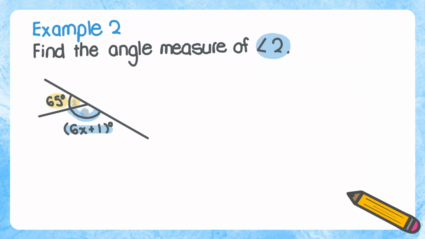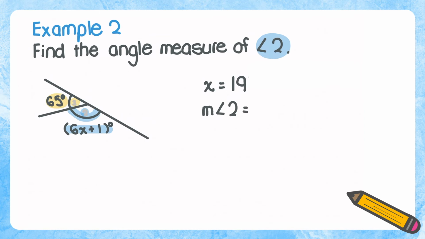So we just solved for x and found that x equals 19. So let me write that down right here. X equals 19, and we're going to use this to find the actual angle measure of angle 2.